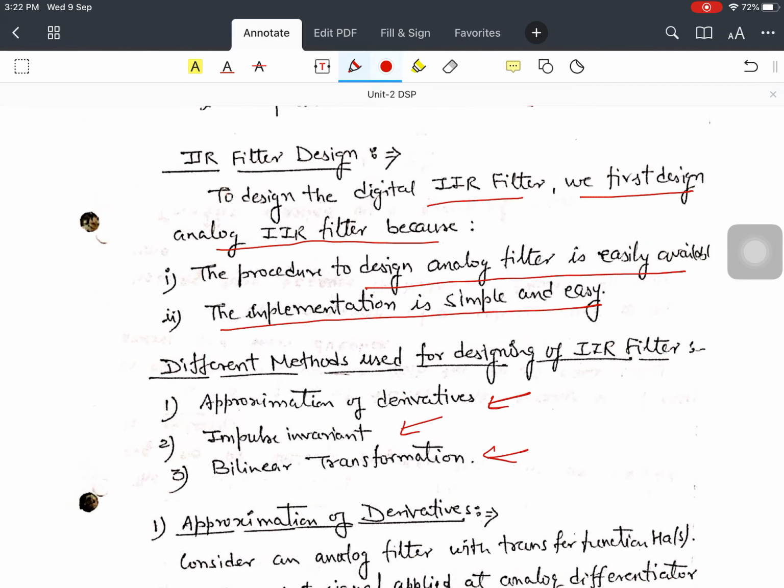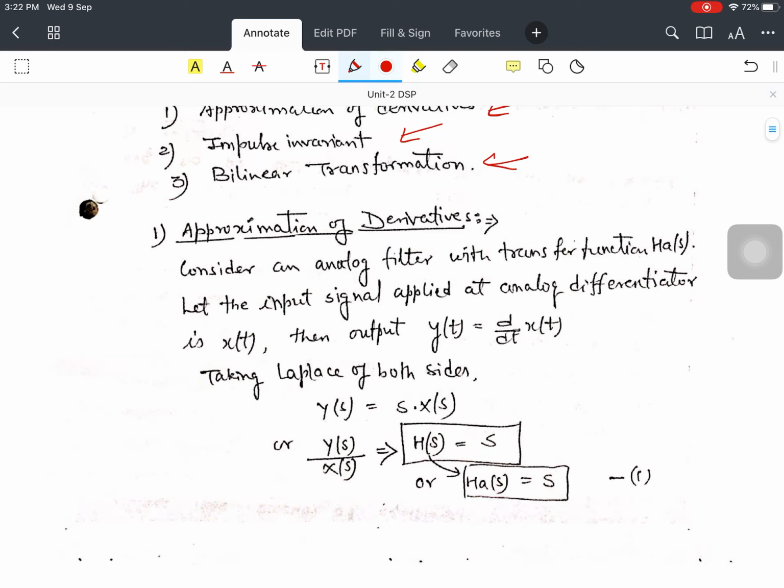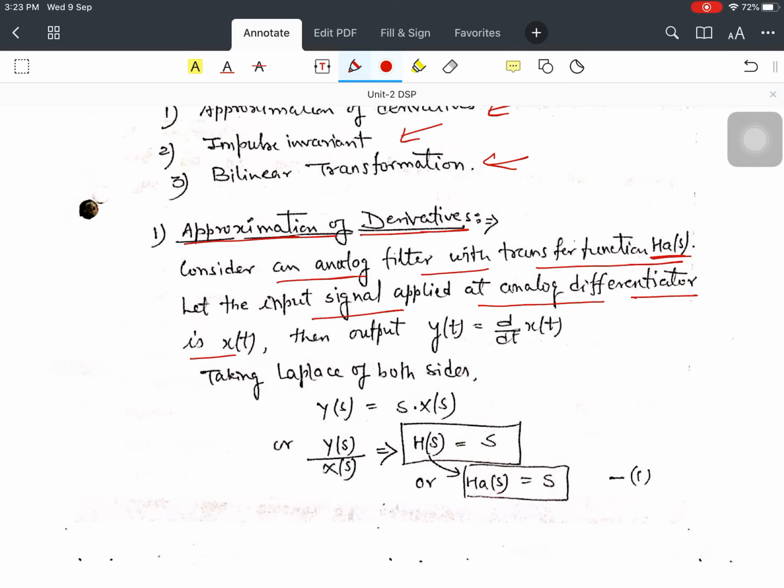Firstly we will discuss the approximation of derivatives. For this approximation, consider an analog filter with transfer function H(s). Let the input signal applied at the analog differentiator be x(t), and let y(t) be the output.